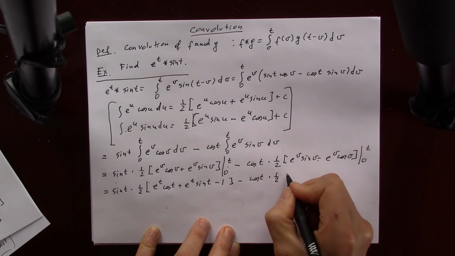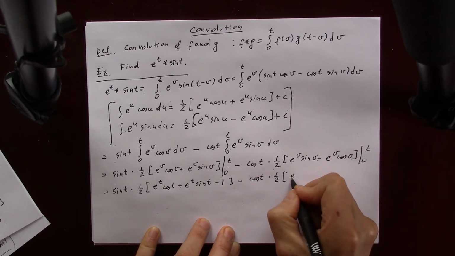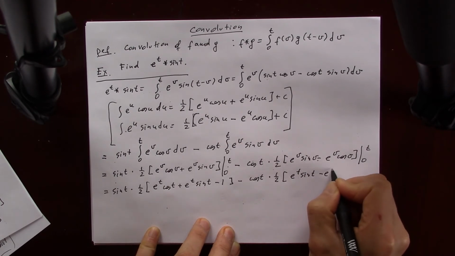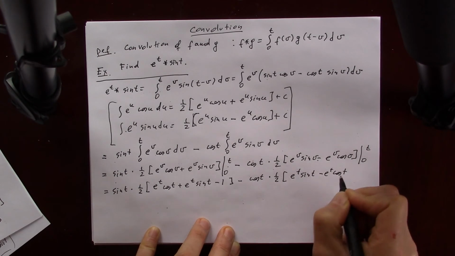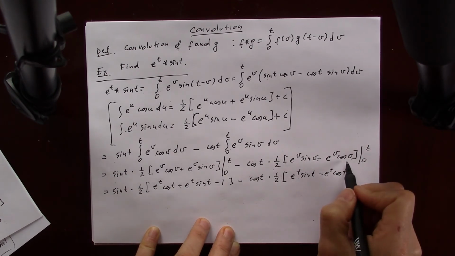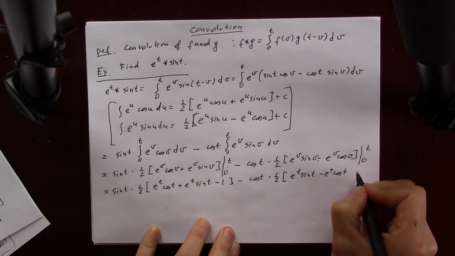V is changing from t to 0, plugging in the upper bound we get e to the t sine t minus e to the t cosine t. Substituting the lower bound, sine of 0 is 0, cosine of 0 is 1, e to the 0 is 1, so minus minus 1, so plus 1.